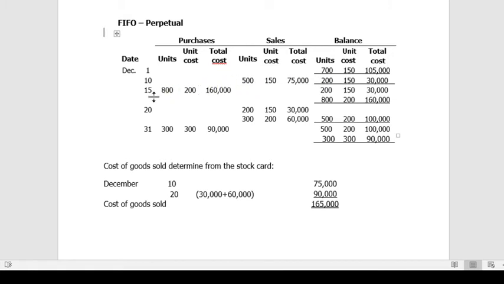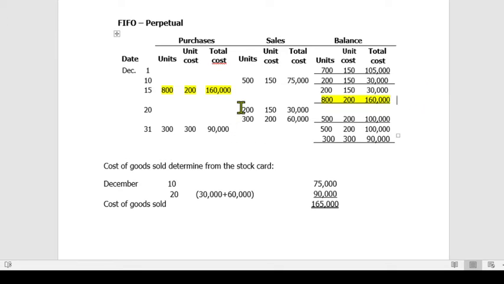Bumili ka ng 800 units on December 15. So idadagdag mo lang itong portion na ito sa iyong stock card. Kaya napunta siya dito. Hindi mo siya pwedeng pagsamahin because of the difference in the prices.